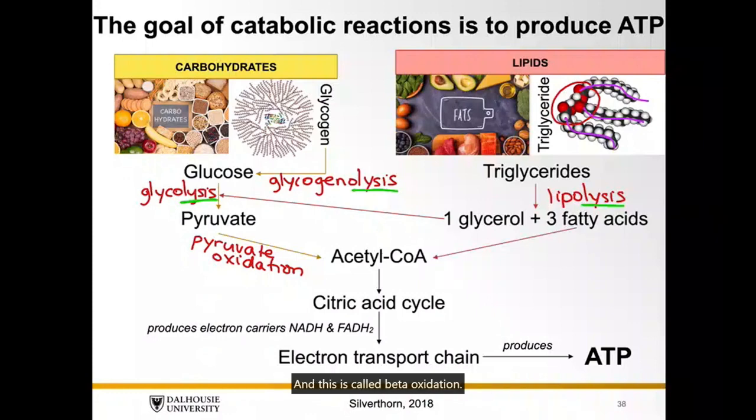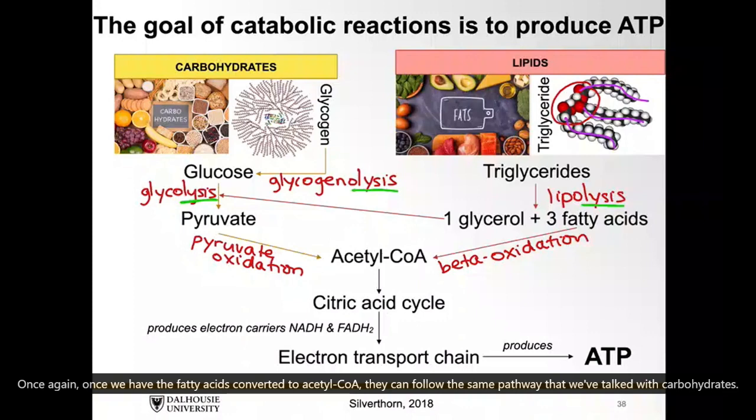And this is called beta oxidation. Once again, once we have the fatty acids converted to acetyl-CoA, they can follow the same pathway that we've talked about with carbohydrates. So first into the citric acid cycle, and second into the electron transport chain. And that's how they produce ATP.